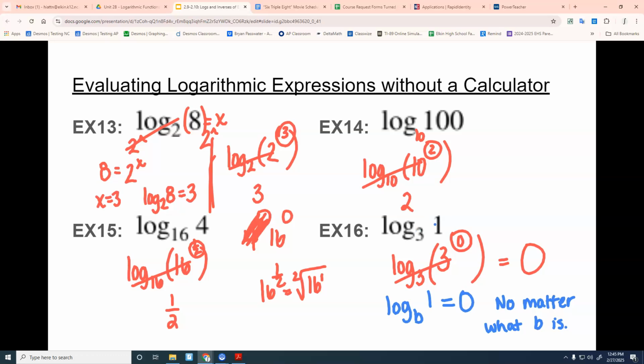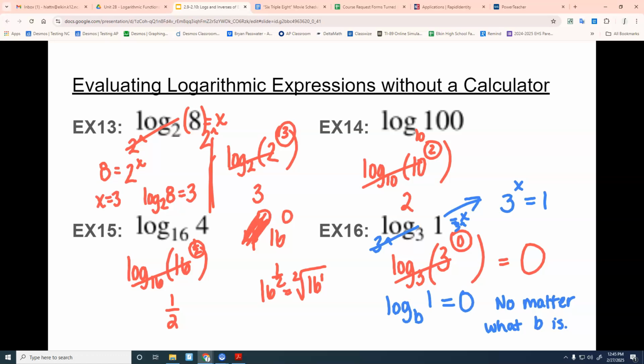The other way to think about this is to rewrite it as an exponential. So 3 to the power here equals x. So 3 to what power equals 1? And that power that you're raising it to is 0. So it would be 0 for that. And that's going to be the case no matter what your base is, right?